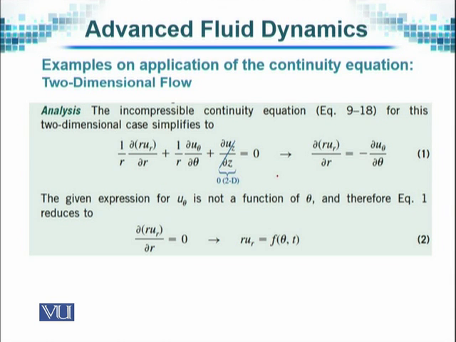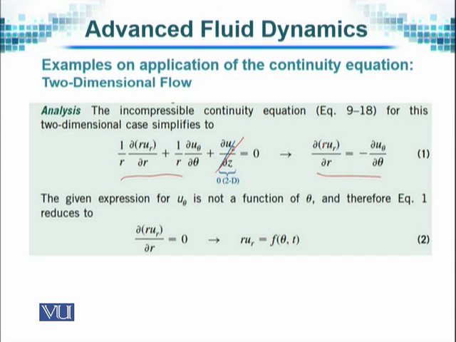Now, how to start? Again, we start with the continuity equation, but this time in radial coordinates. Since this is a two-dimensional motion, nothing comes from the z component, because the z component does not exist, and therefore that term is deleted, and we are left with only these terms, which implies this.